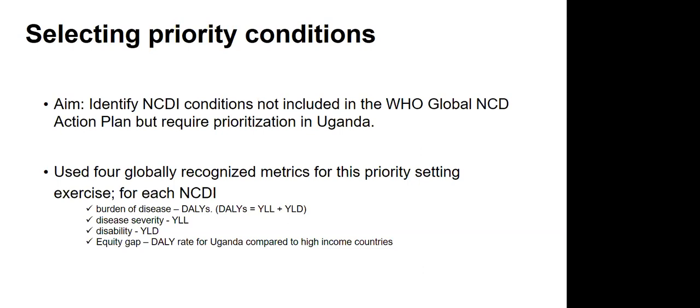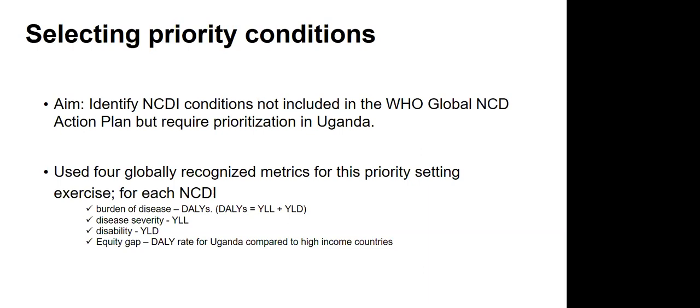And so we used the metrics that are recognized globally, that is burden of disease, severity of disease, disability, and the equity gap. Burden of disease is measured by disability-adjusted life years, and we know that DALYs are equal to years of life lost plus years of life lived with disability. Disease severity is the number of years of life lost, and disability is the number of years lived with disability.